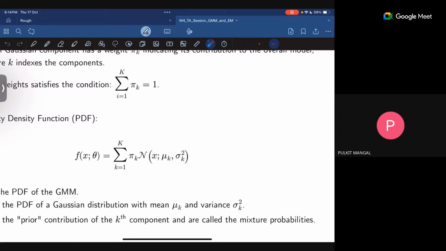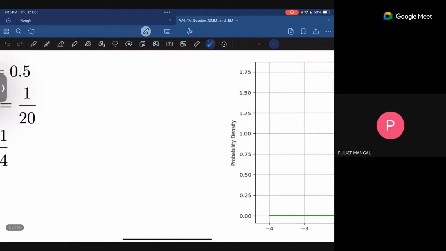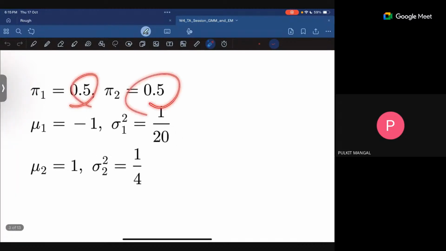We are weighting them with the probability of selecting that component, that is pi k. It's not the simple addition of your normal distributions. We weight them with the probability for choosing that component, and then add them up. So the shrinking of the GMM comes from there, because we are adding them with 0.5 probability: 0.5 times n1, the first normal distribution, plus 0.5 times n2.